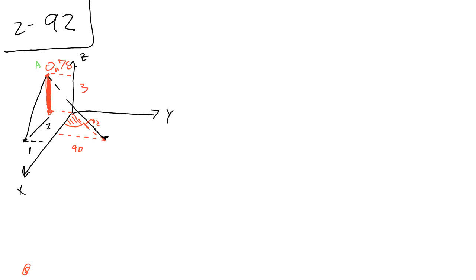So let's call this point up here A, this point down here C, this point down here B. There's two forces pointing outwards, right? This force is force AC. This force over here is force AB.